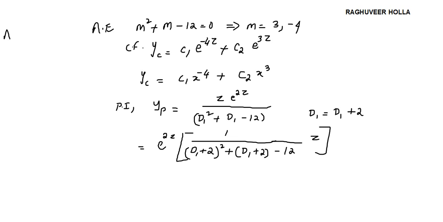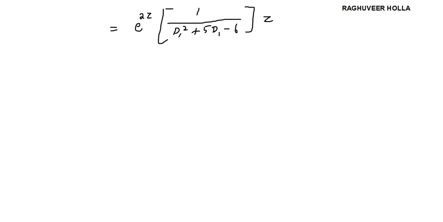Now try to simplify the denominator, with e to the power of 2z outside. When I simplify this completely, I get 1 divided by d1 square plus 5 d1 minus 6, right? Close the brackets, multiplied by z.